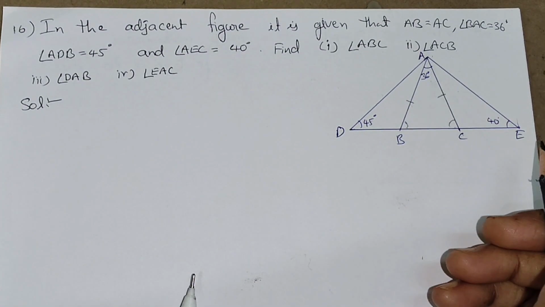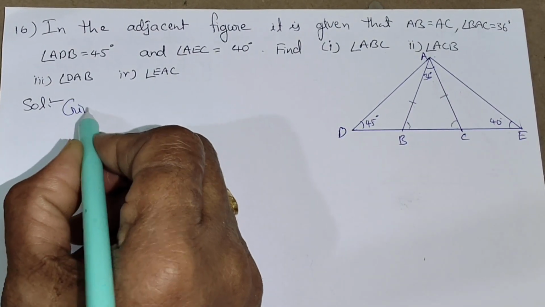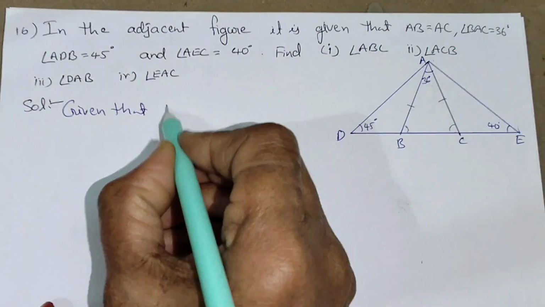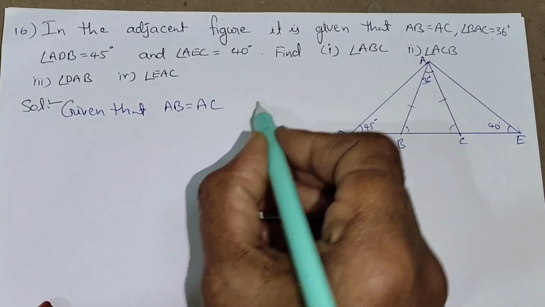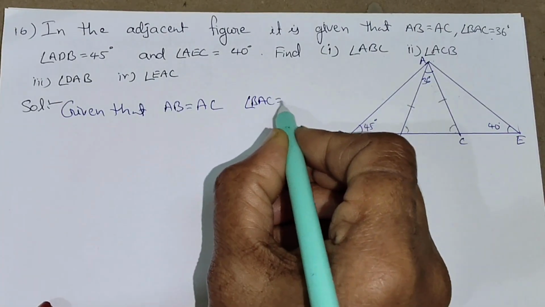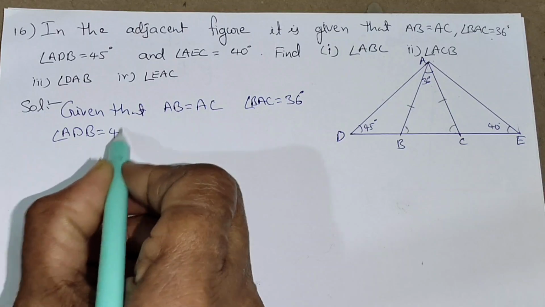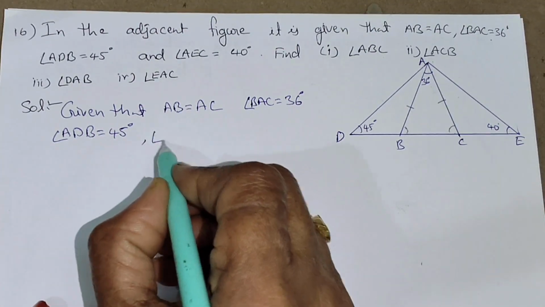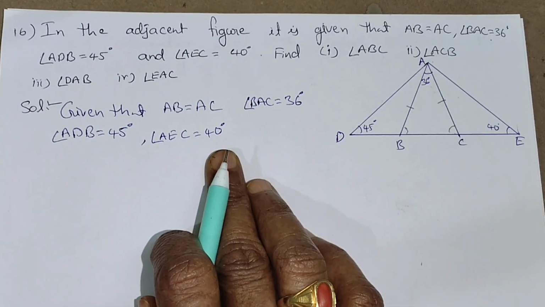Here first we write the given data: AB equal to AC, angle BAC equal to 36 degrees, angle ADB equal to 45 degrees, angle AEC equal to 40.